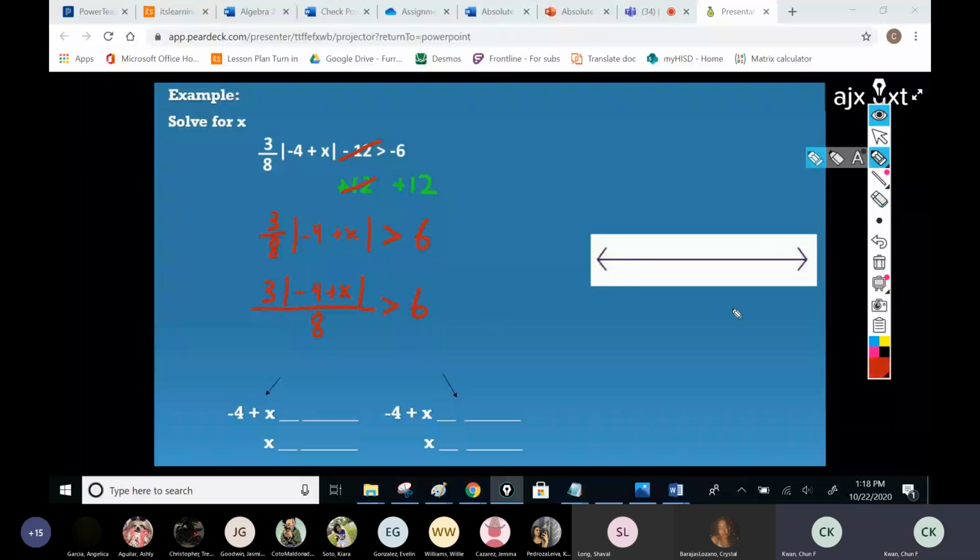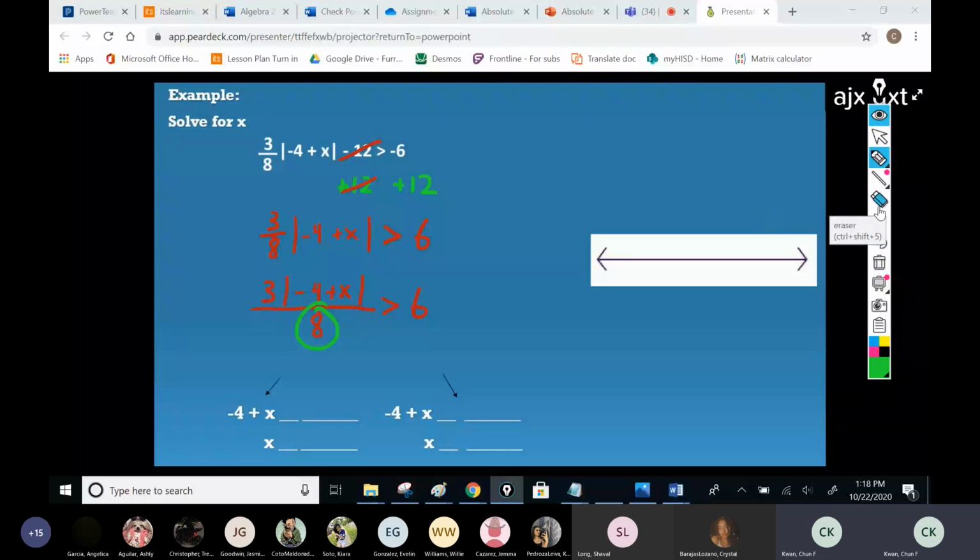All right, now let's go ahead and solve this. We have a couple of numbers we have to take care of before we can set up the 2 answers. We have to take care of the 3 and the 8. We have to get rid of the 8 first. Whatever is further away from x, we have to get rid of sooner.